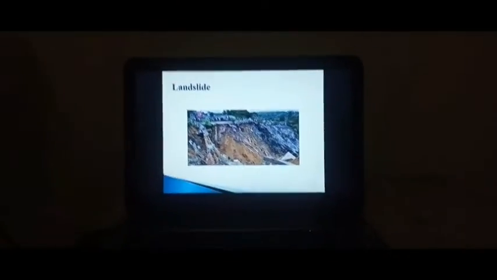And the last natural disaster is landslide. So you all know that landslides are caused by nature and also humans. The reason is because the layer of the ground is not strong enough to accommodate the burden on the outside of the ground.